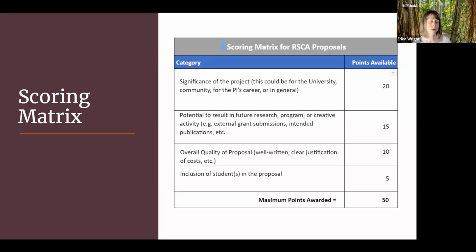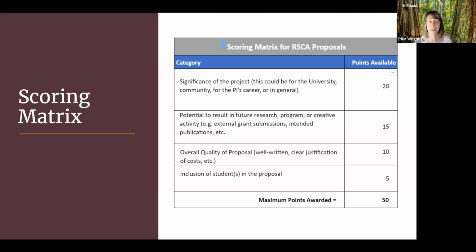So the significance of the project is now worth 20 points. And so in parentheses, it says that this could be significance for the university, for the community, for your career, or just in general to the world. And as it is worth the most points, you want to really spend as much time on this. You want to spend a lot of time on this.